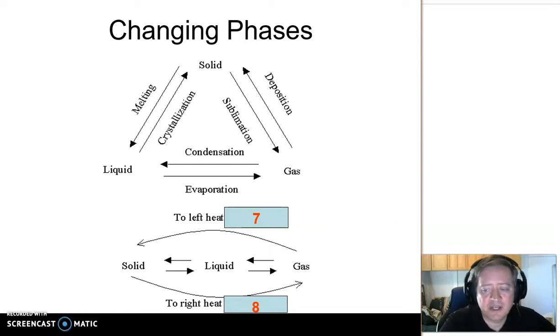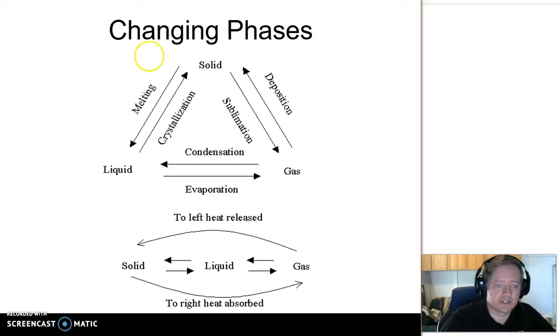However, from a physics standpoint, heat is the transfer of energy from one thing to another. So we think of it as thermal energy. When I go to the left, from a gas to a liquid to a solid, am I giving off energy to do that, or do I need to absorb energy? Well, I give off, releasing thermal energy. In order to go to the right, to a solid, to a liquid, to a gas, I need to add thermal energy, so heat is absorbed.